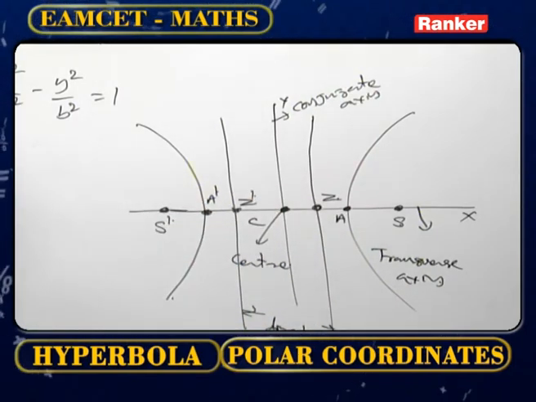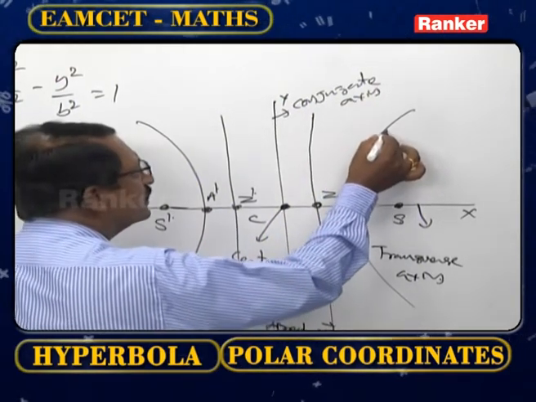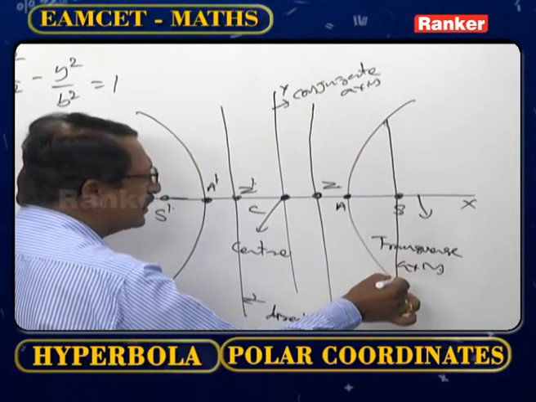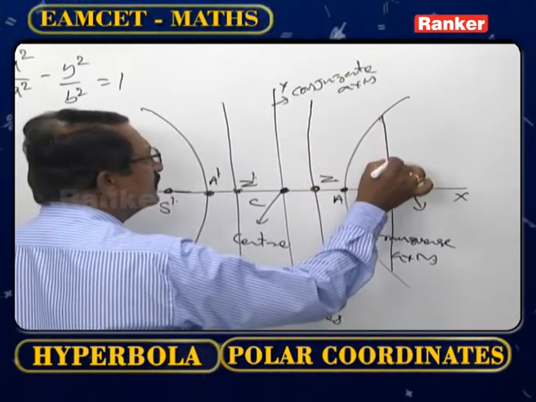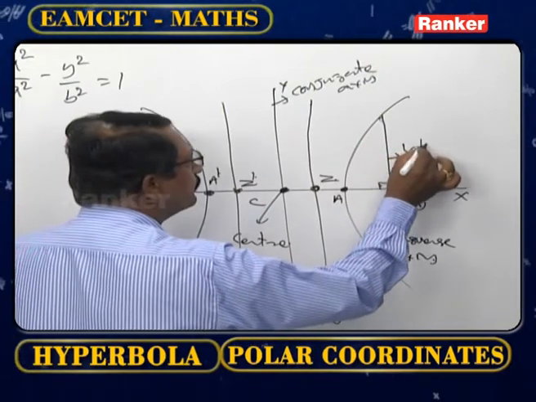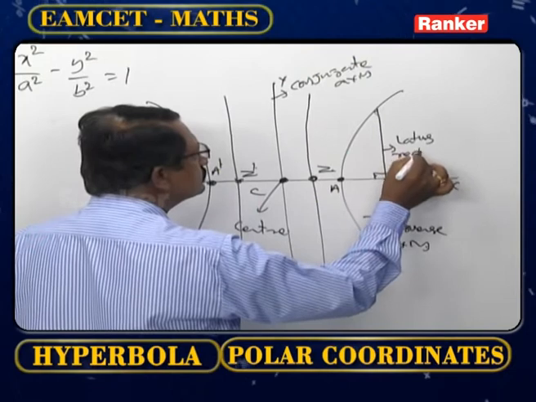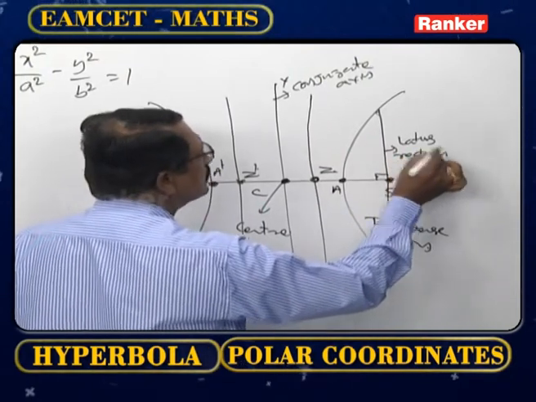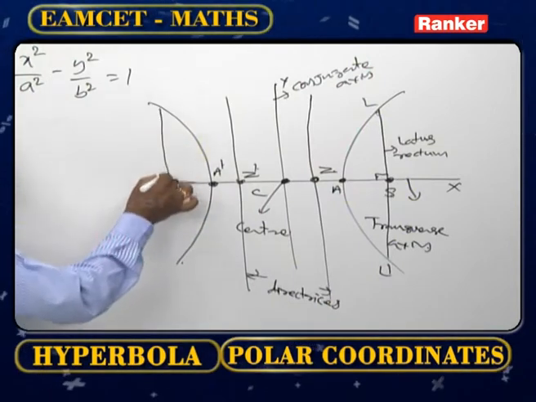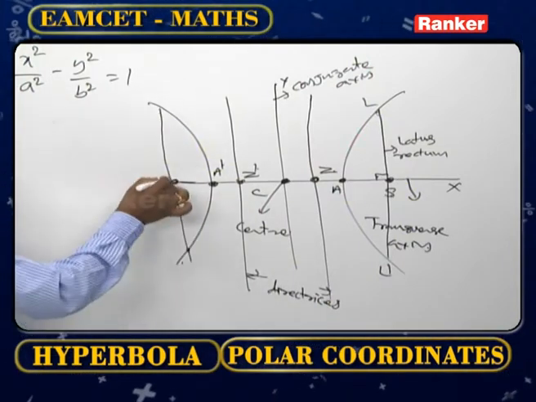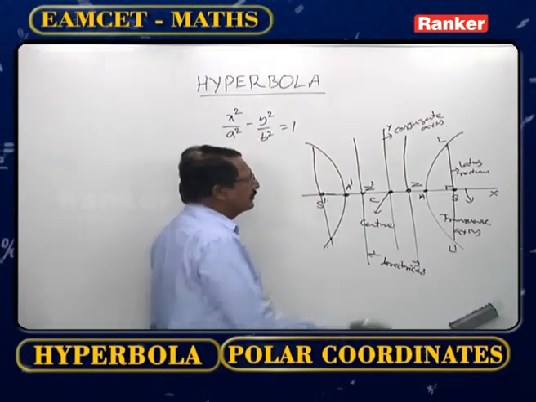A line or a chord passing through a focus and perpendicular to the axis is called the latus rectum. L dash is one latus rectum. Similarly, the second latus rectum is L1 dash.